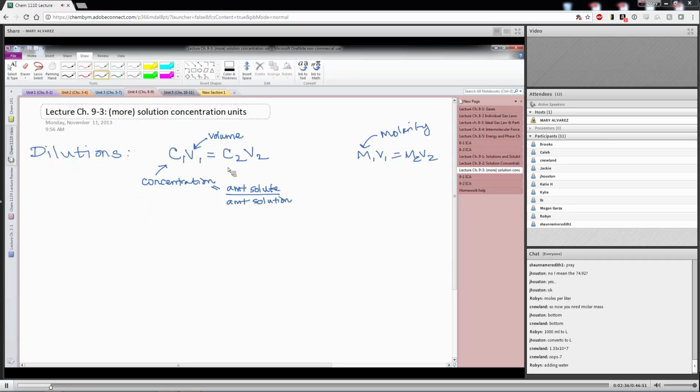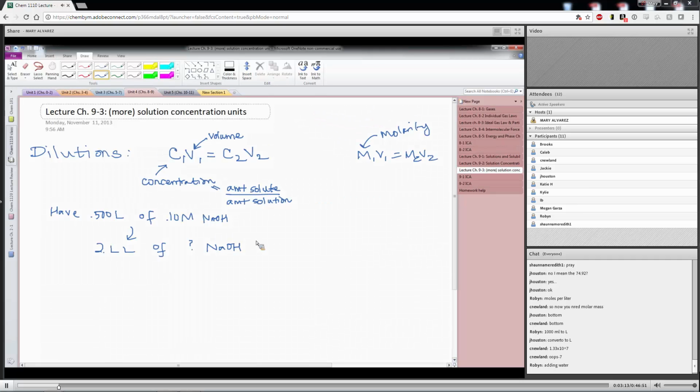So if, for instance, I say I have half of a liter of 0.10 molar sodium hydroxide, and I add enough water so that this becomes a 2.5 liter solution, then the question is, what is my final concentration of sodium hydroxide?